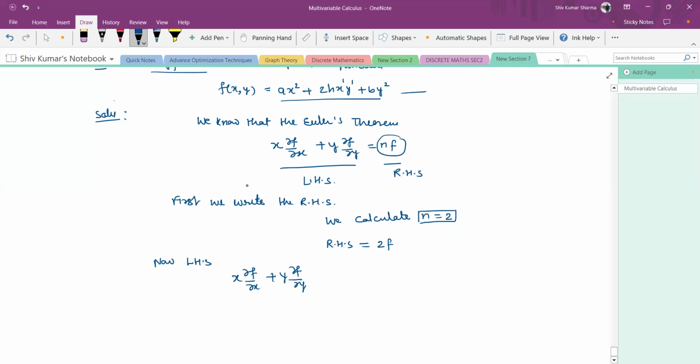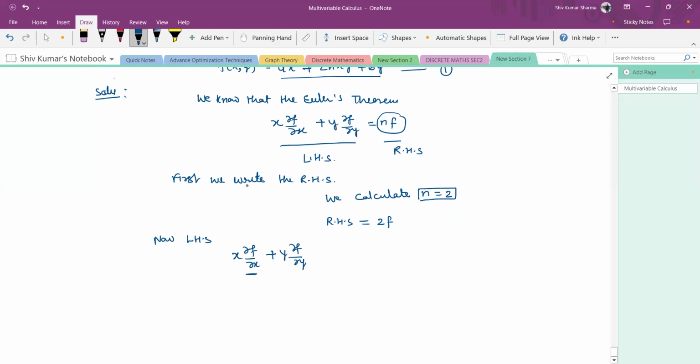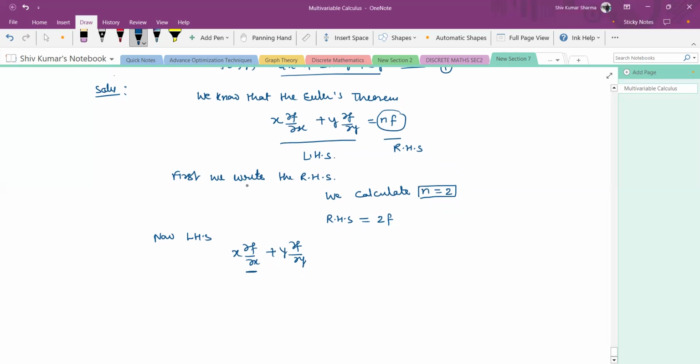So now we give this function as equation number 1. First we differentiate with respect to x partially, and second we differentiate 1 partially with respect to y.